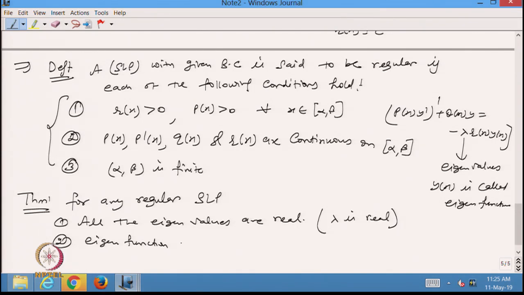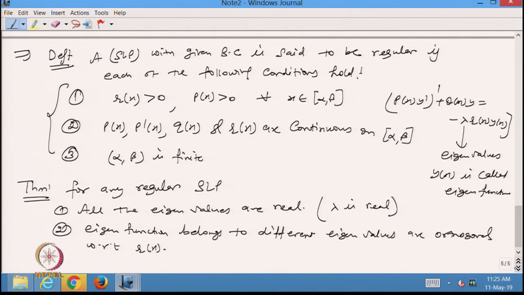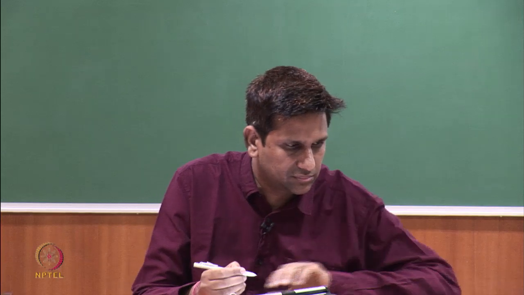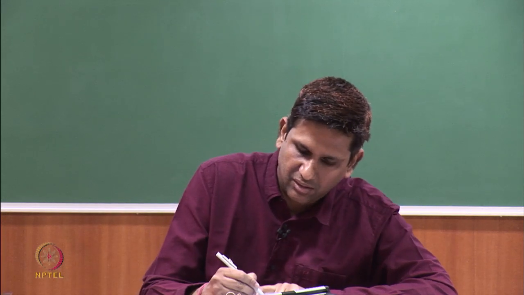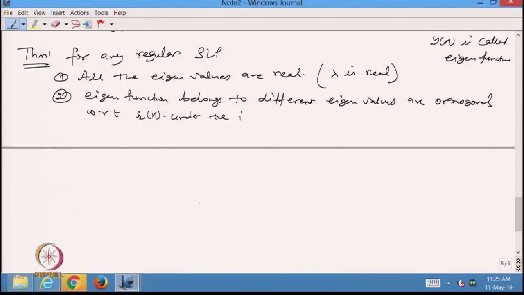The eigenfunctions belonging to different eigenvalues are orthogonal with respect to the function r(x), under the inner product.